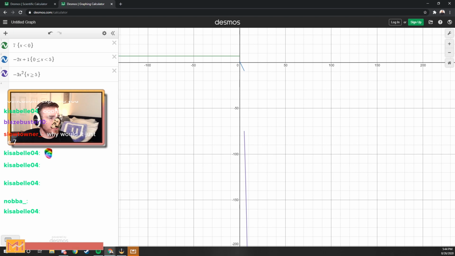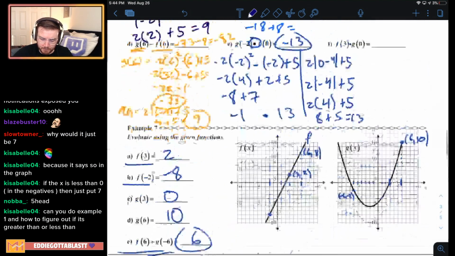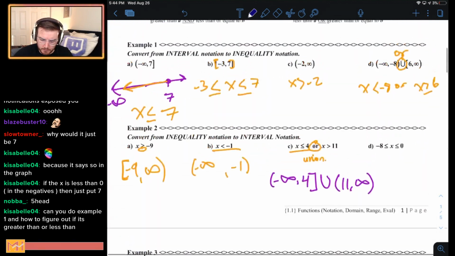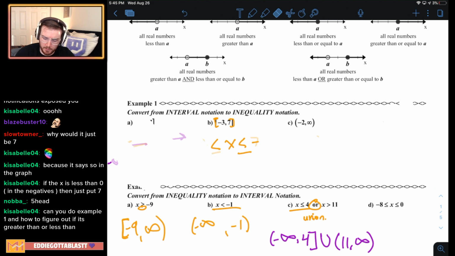Can you do example 1 and how to figure out if it's greater than or less than? So it's greater than if the numbers are getting bigger. It's less than if the numbers are getting smaller. I can start from scratch on these.